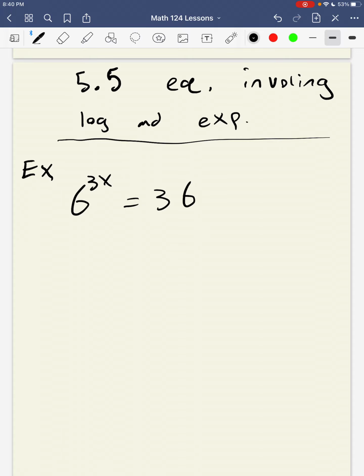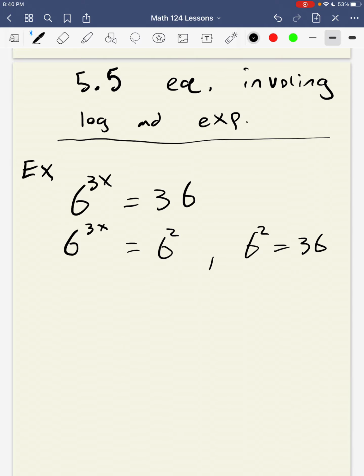Well, in this particular example, it's nice because we can rewrite both sides to have the same base, just because in this example 6 squared equals 36. So the right hand side can be written as an exponent with base 6, and the left hand side is an exponent with base 6. And once we get the same base, we can set the exponents equal.